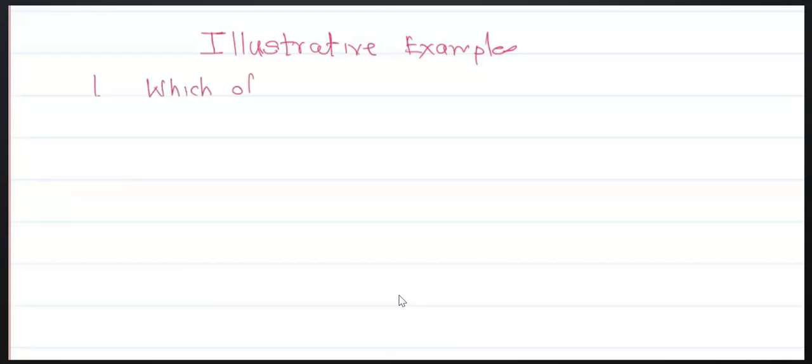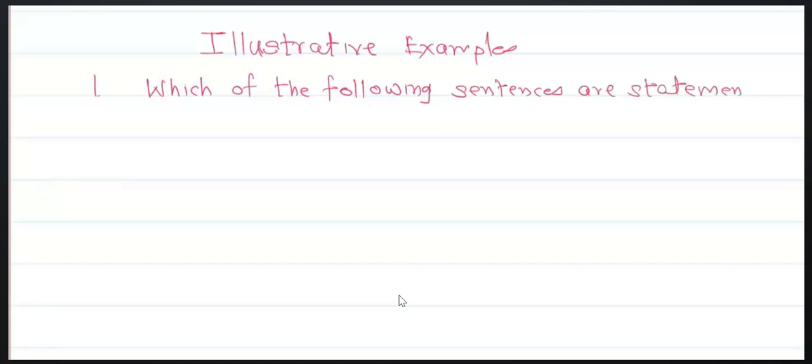Now the short examples. Those are illustrative examples. Which of the following sentences are statements?